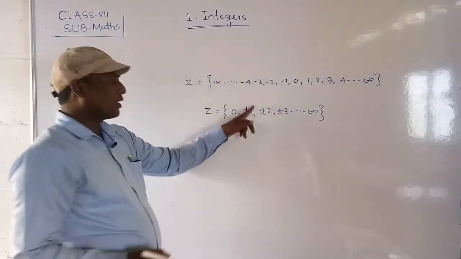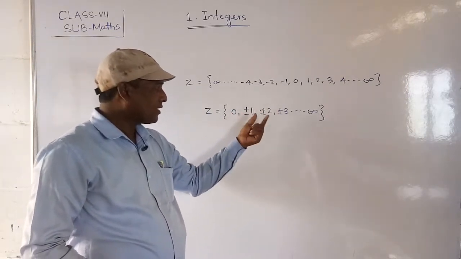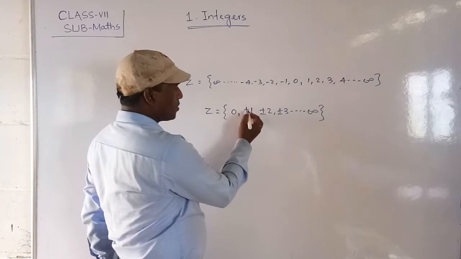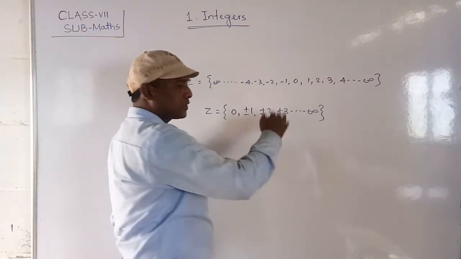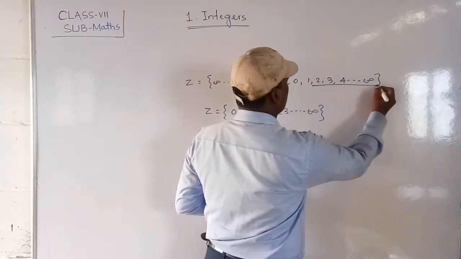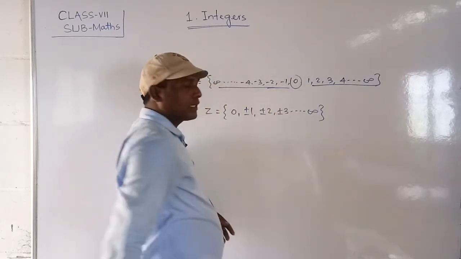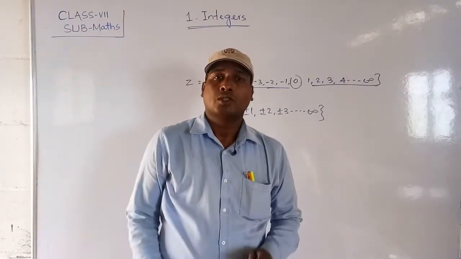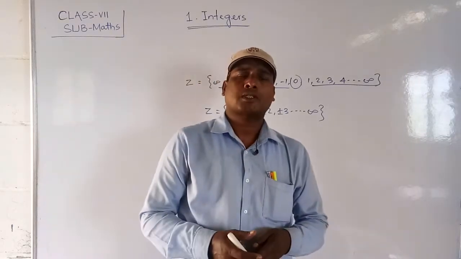So plus 1, minus 1, plus 2, minus 2, plus 3, minus 3. All the positive numbers and negative numbers, including 0, are called integers.